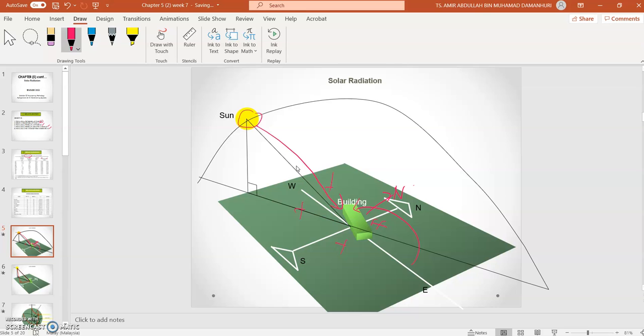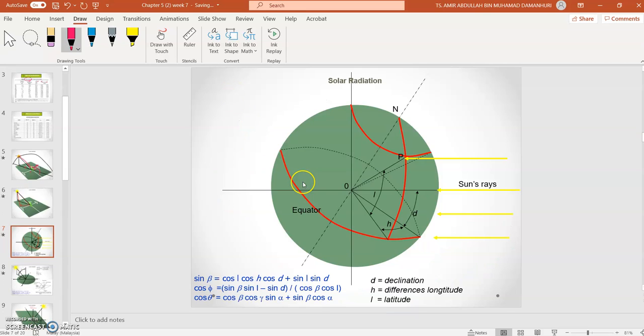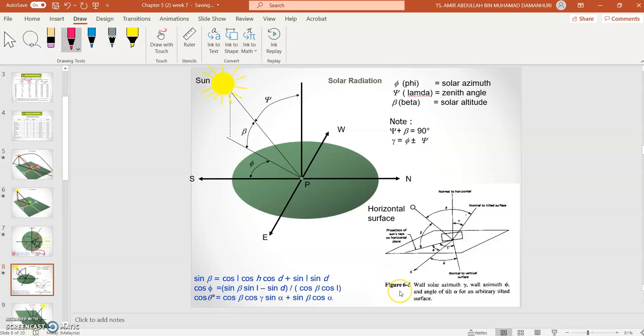So we'll see more in the next example. So some of the things that we are going to calculate here are sin beta, cos phi, and then cos theta here. And then the ones that I'm going to use are declination, differentials, longitude, and then the latitude here.